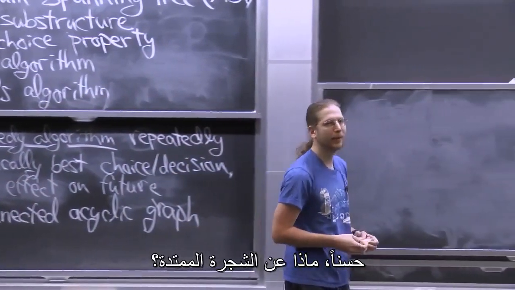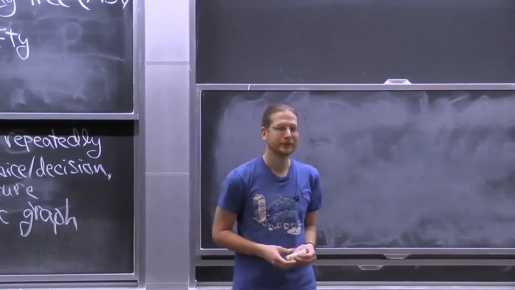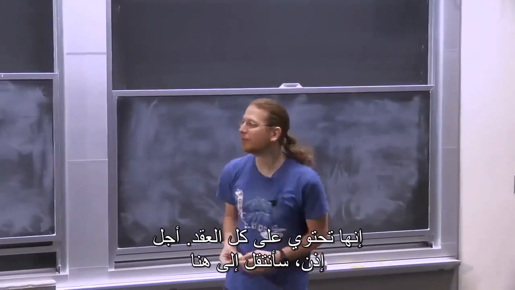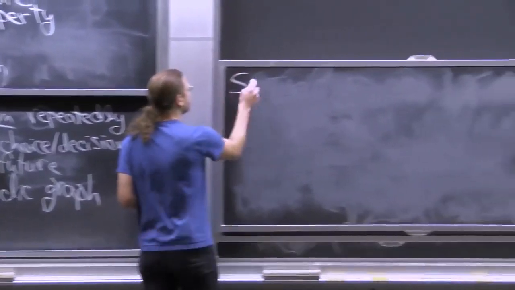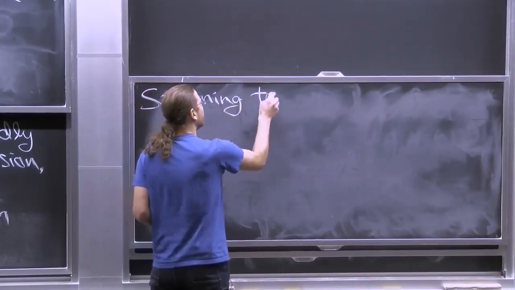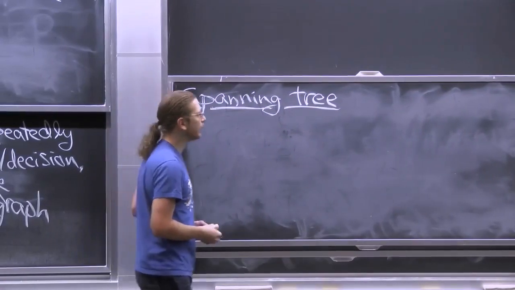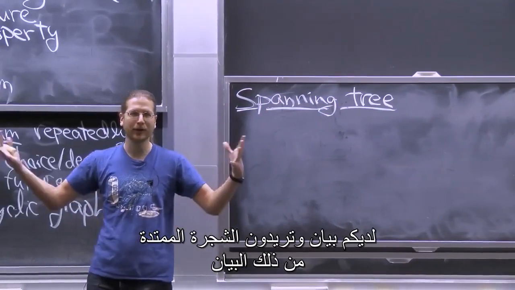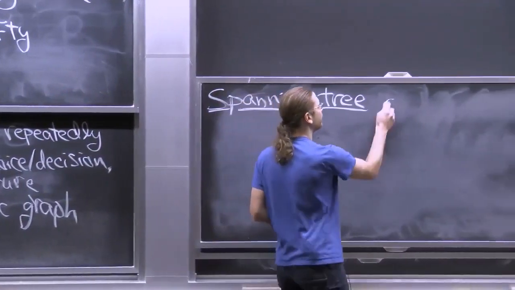Okay, so how about a spanning tree? Contains all the vertices, yep. Spanning means it contains all the vertices. So implicit here, I guess, is subtree or subgraph. You're given a graph. You want a spanning tree of that graph.